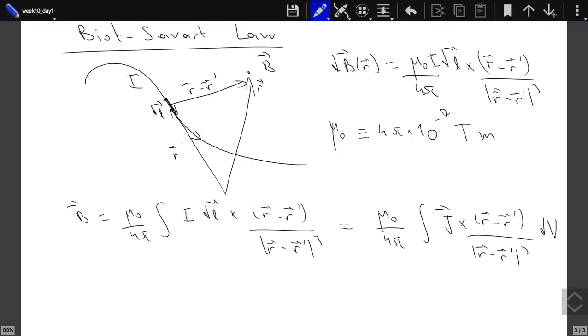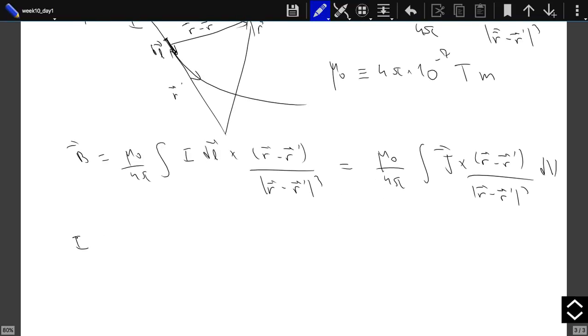Well, to make a direct transition, just observe that I times dl. I is nothing but J, the current density, times dA, dl. But dl is along the wire, which is along the current. The current is also along the wire.